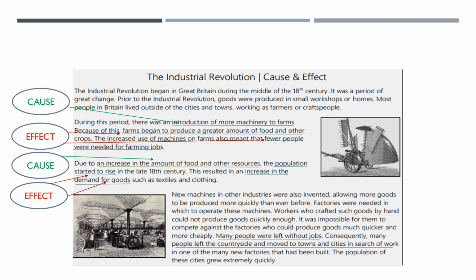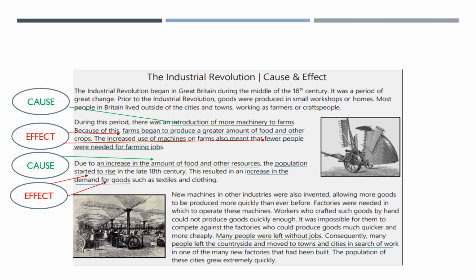The increased use of machines on farms also meant that fewer people were needed for farming jobs. Due to an increase in the amount of food and other resources, the population started to rise in the late 18th century. This resulted in an increase in the demand for goods such as textile and clothing.